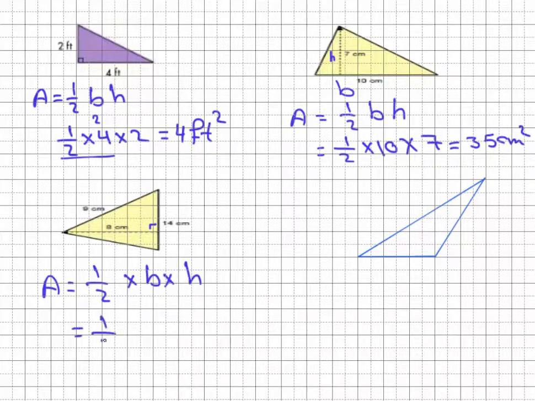It's equal to half multiplied by 14 multiplied by 8. Half of 14 is 7. 7 multiplied by 8, the answer is 56 centimeter square.